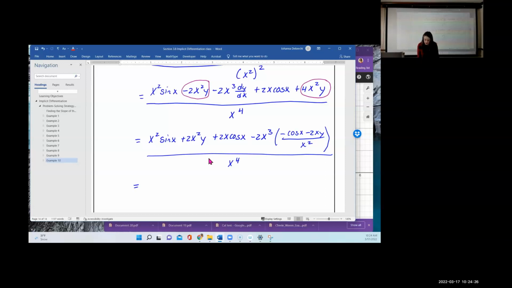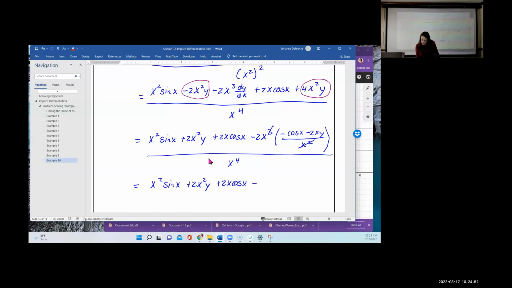Now we simplify again. So I have x squared sine of x plus 2x squared y plus 2x cosine of x. Now I've got x cubed times x squared. So the x cubed and x squared will reduce and I'll get a singleton x. So the x squared cancels 2 of the 3 and leaves me with 1x.